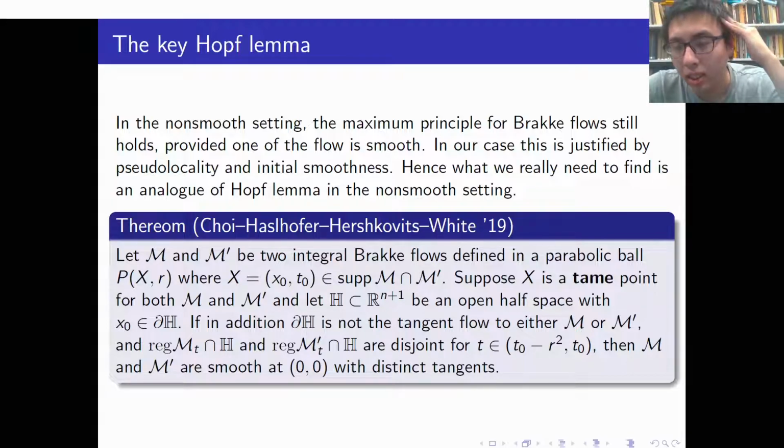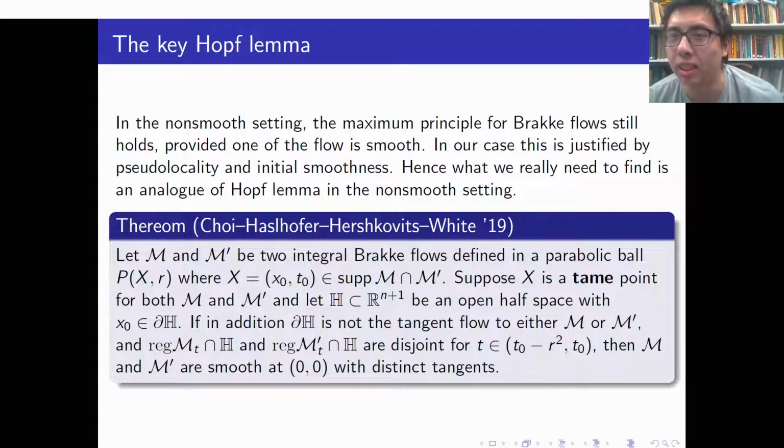If the boundary of this half space is not a tangent flow to either of the brachy flows, and the two flows are disjoint in some past times, for some t naught minus r squared to t naught, then the two flows are smooth at 0, 0 with distinct tangents.